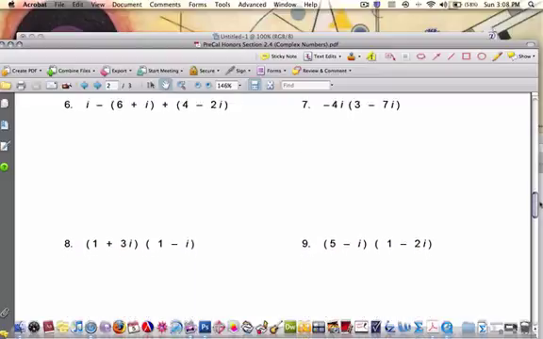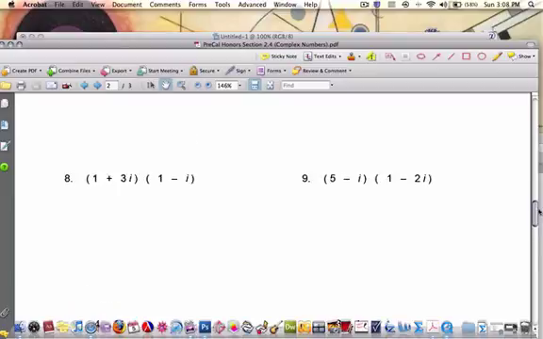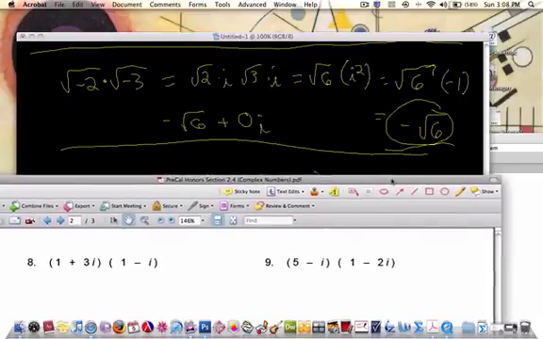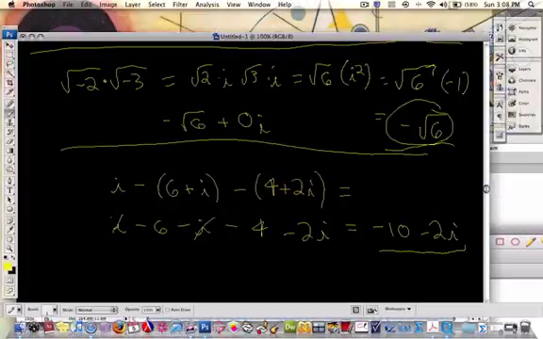And we're going to jump to number 9. It's similar to number 8. So 5 minus i times 1 minus 2i. And the important thing to remember about this one is just FOIL.